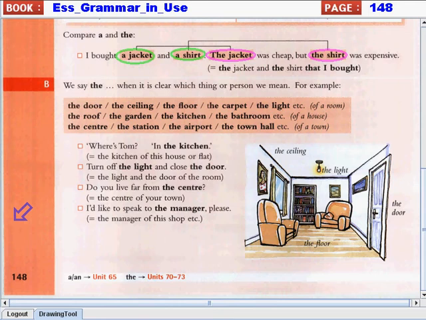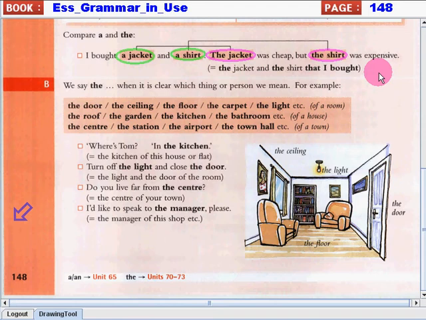Any kinds of jackets or shirts. The speaker didn't specify what kind of jacket or shirt that is. But in the second sentence, he is specifying the jacket and the shirt that the speaker bought.